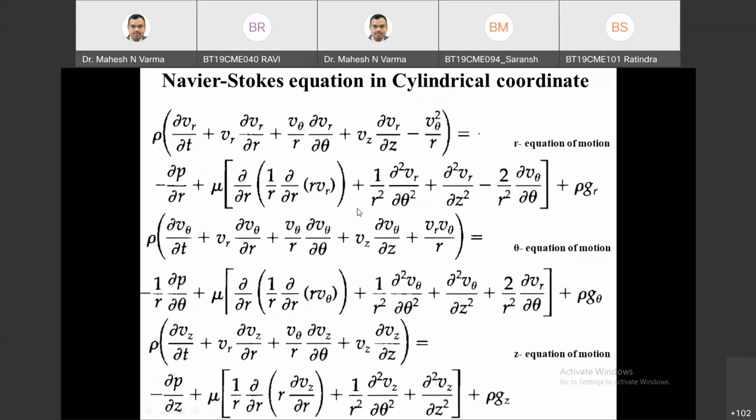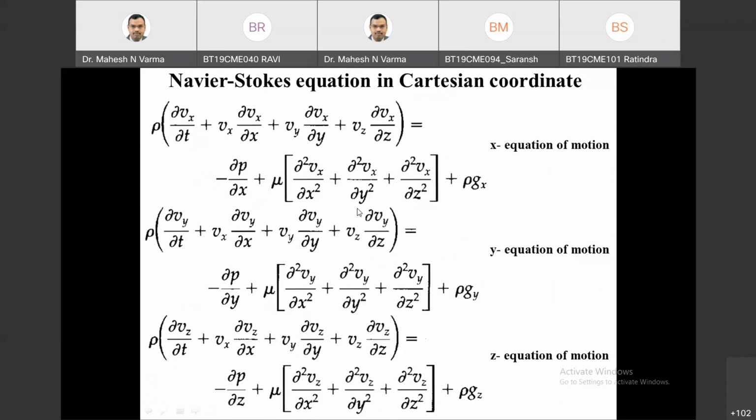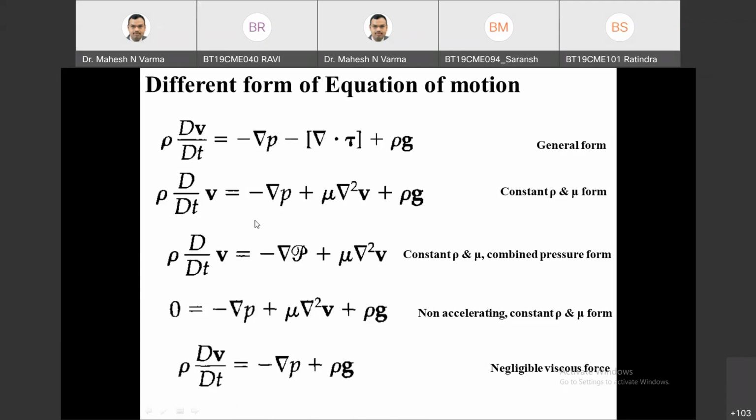All together, these 9 equations can be compactly written in this second equation. So the second equation is more than sufficient, and everything can be written compactly in it.